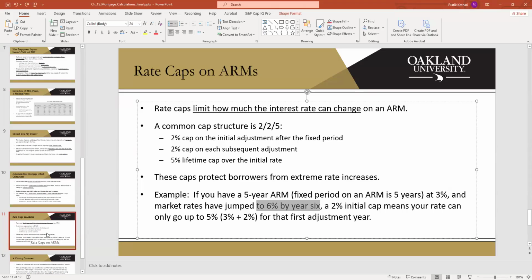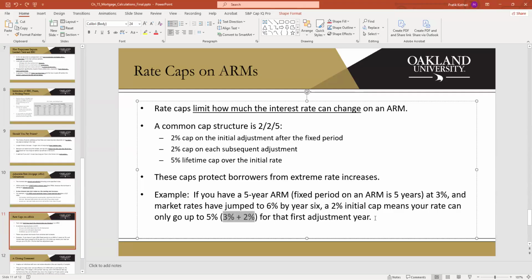The initial 2-2-5 structure here essentially means that after the first 5 years, in the 6th year, your rate can only increase by 2% maximum, right? Even though markets jump by 6%, your rate will only increase by 2%. So in this case, your final rate will be the initial 3% plus this 2% increase.